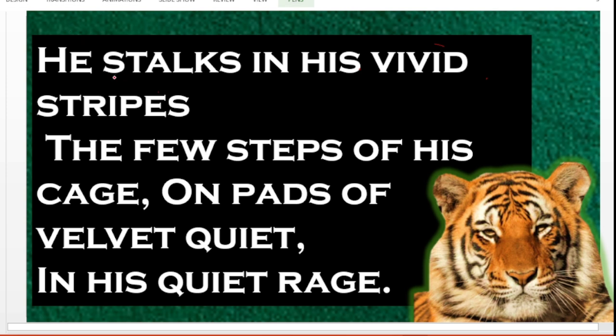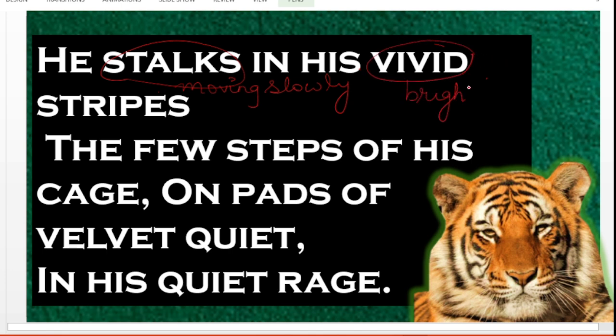So children, the meaning of the word stalks is moving quietly and slowly. The meaning of vivid is bright and clear. Let's understand this. So he moves slowly in his bright stripes.